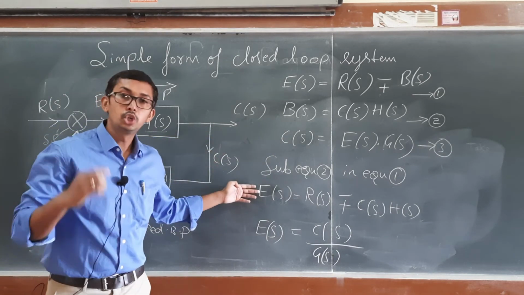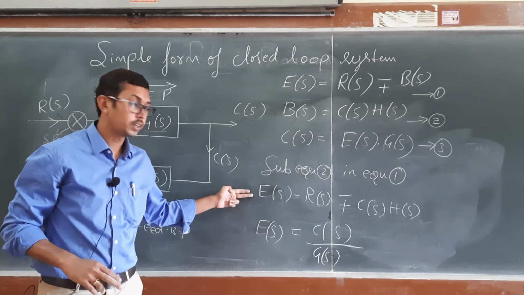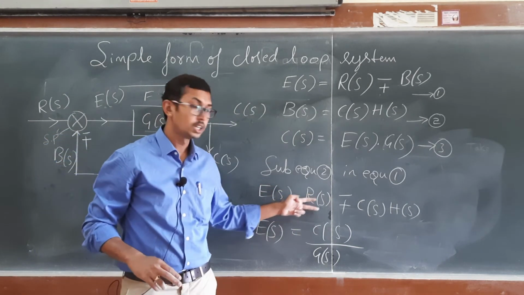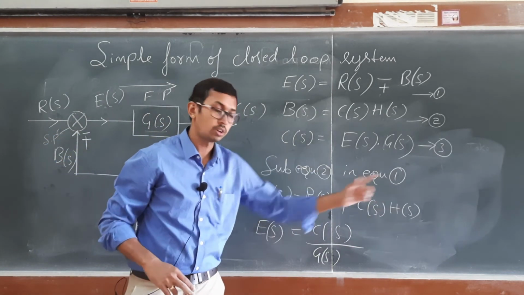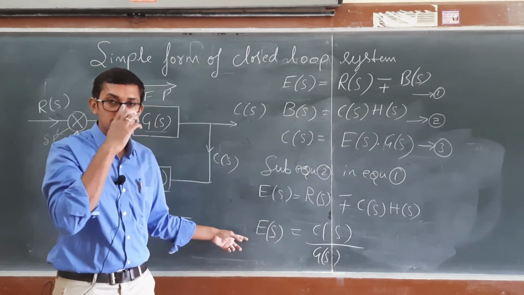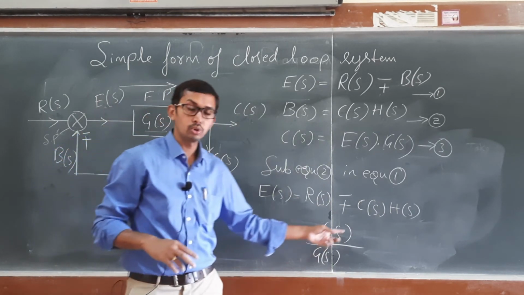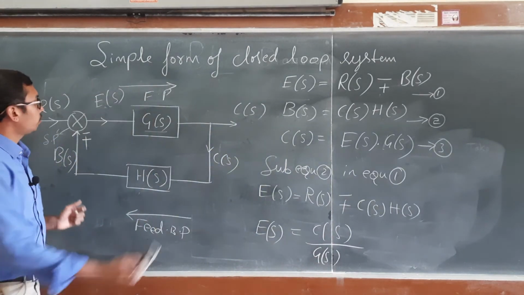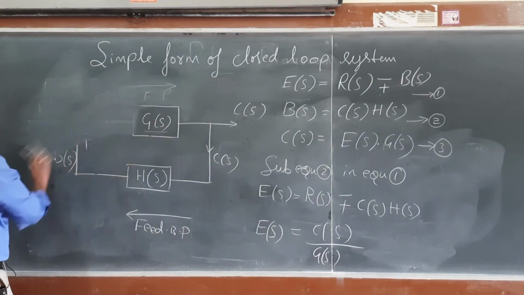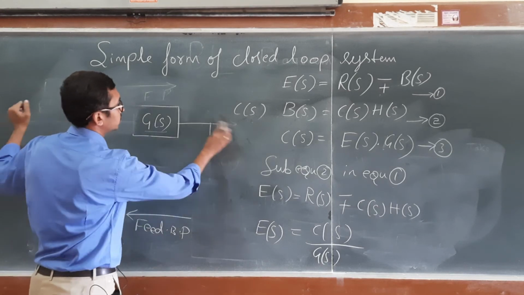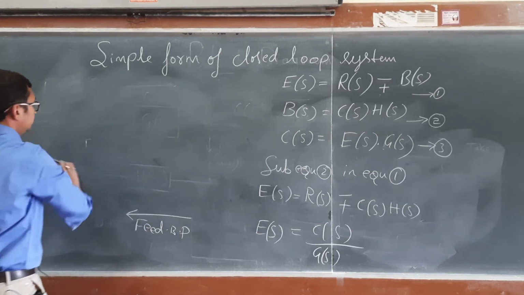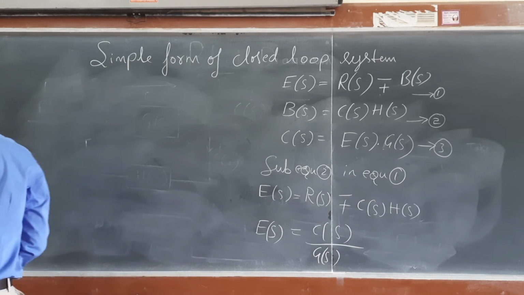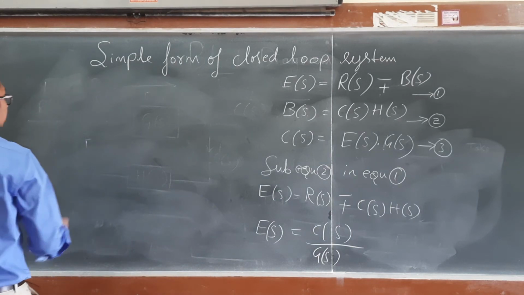So we got two equations for E of S. E of S is equal to R of S minus R plus C of S into H of S. Next we have another equation, E of S is equal to C of S by G of S. Now if I equate these two equations, I can write like this.